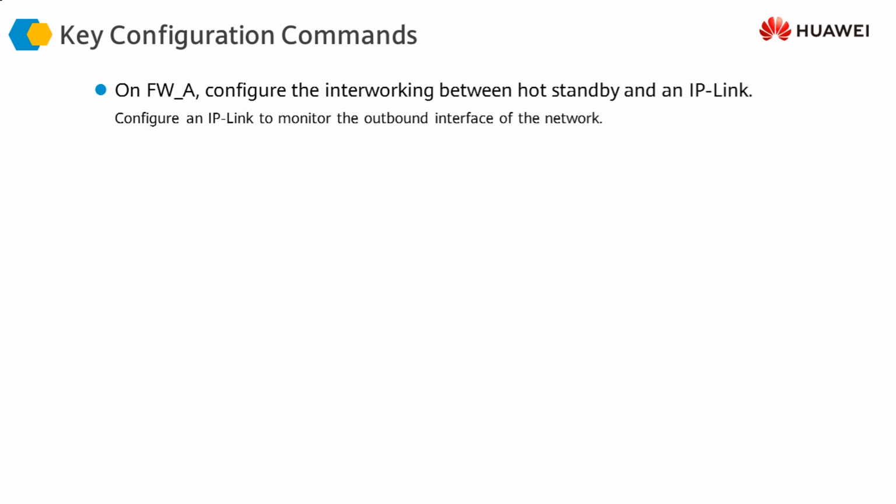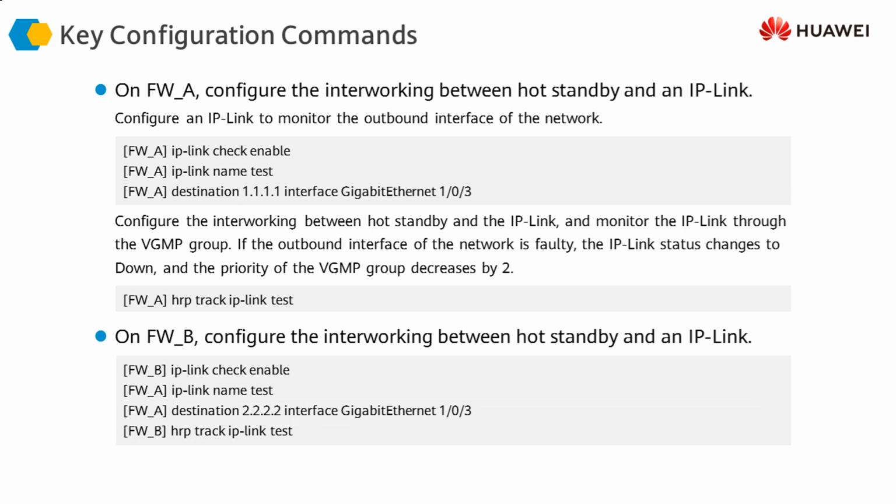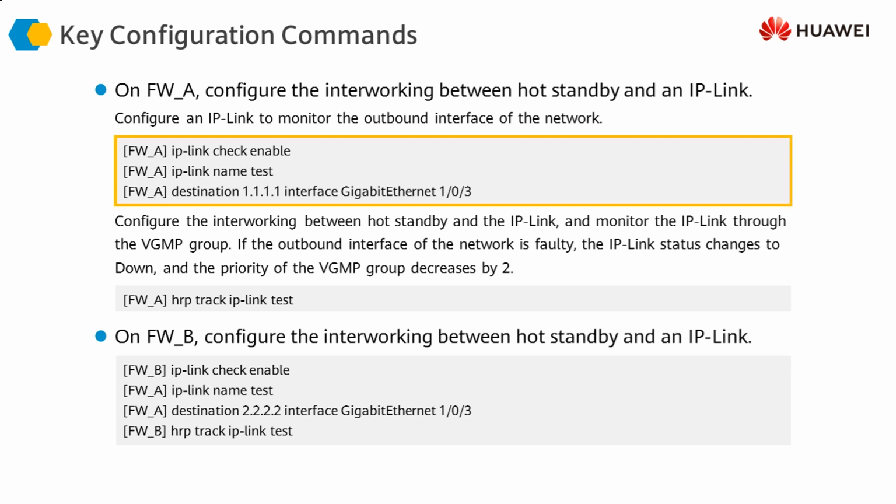Let's take a look at the IP link configuration using the command line interface. We have already looked at the IP link configuration using the graphical user interface, and here is the configuration using the command line interface. First we enable the IP link check feature on firewall A. Then we name an IP link, in this case test.